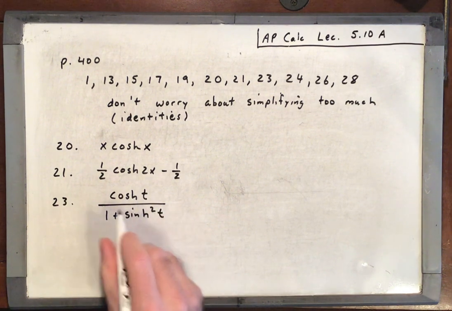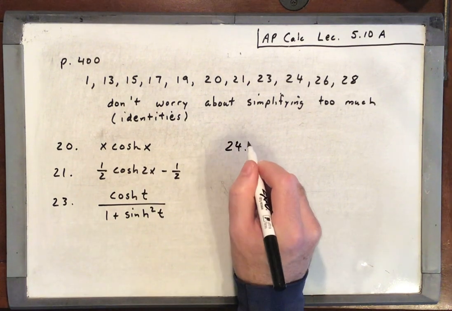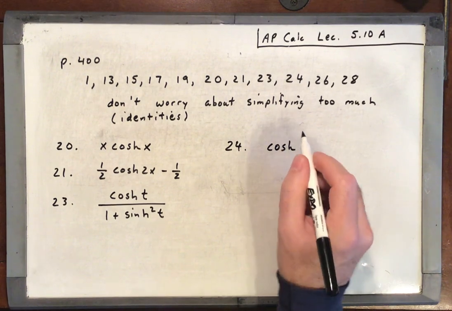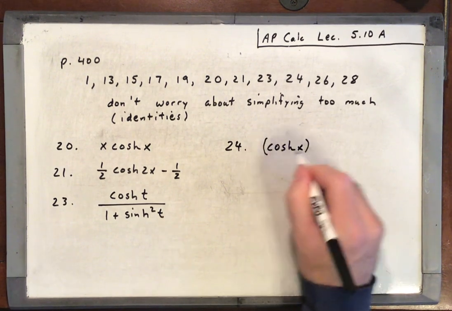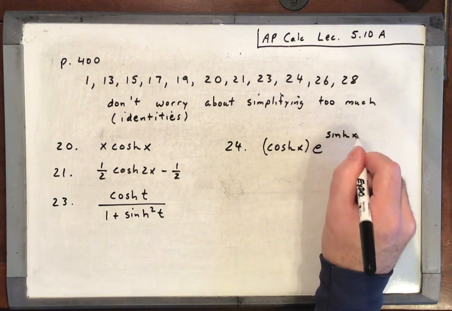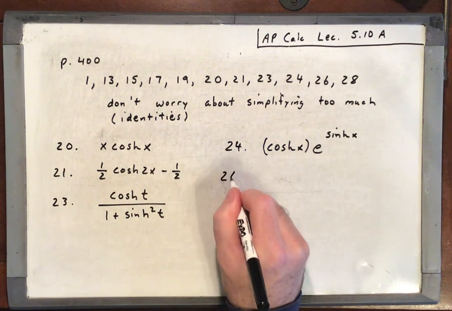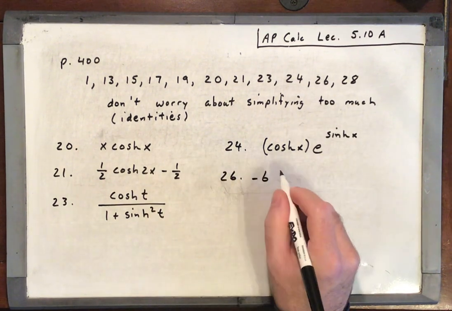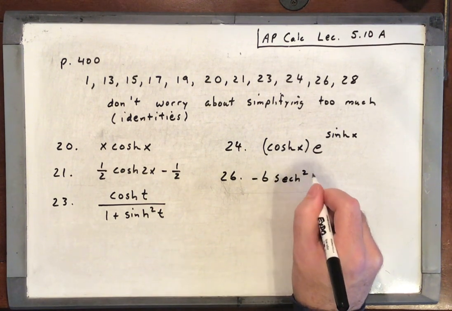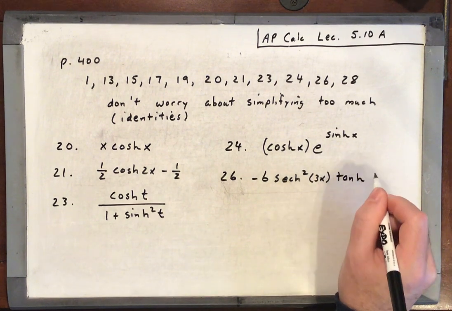You could simplify that down more, but that's fine with me. 24, we got hyperbolic cosine x times e to the hyperbolic sine x. 26, minus 6 hyperbolic secant squared 3x times hyperbolic tangent 3x.